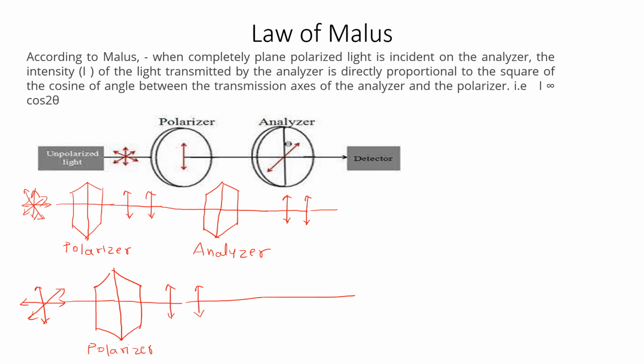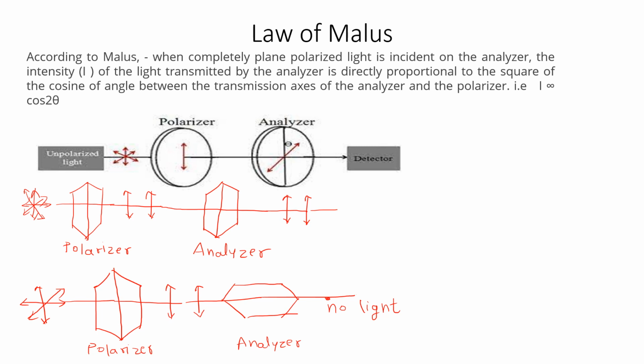But now this second plate, which is the analyzer, we have rotated it through 90 degrees. Now the plane of transmission of this analyzer is perpendicular to this. So these vibrations will not be able to pass through this analyzer. As a result, we will not get light here. No light is coming out of the analyzer.